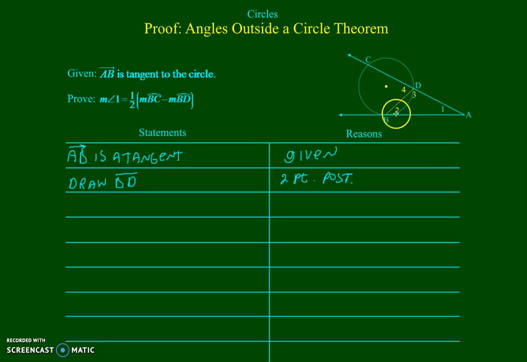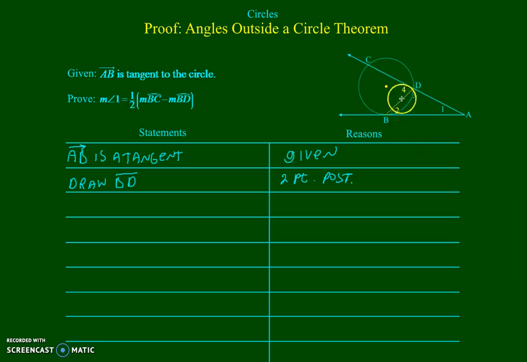Then angle 2 is going to be 1/2 BD with the tangent chord intersect theorem. Then we're going to say that angle 4 is equal to angle 1 plus angle 2 by the exterior angle theorem and relate those together.